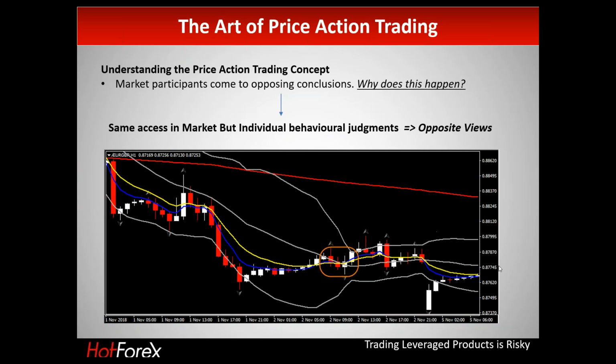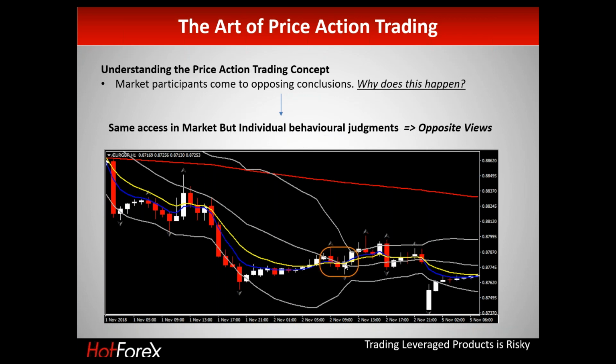So for example, over here I have a 1 hour euro pound cross, an old one, not the recent one, it's back in November. I have placed a 15 moving average, and I have seen that it crossed above my 20 moving average.